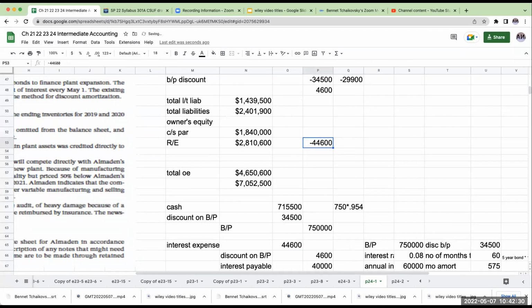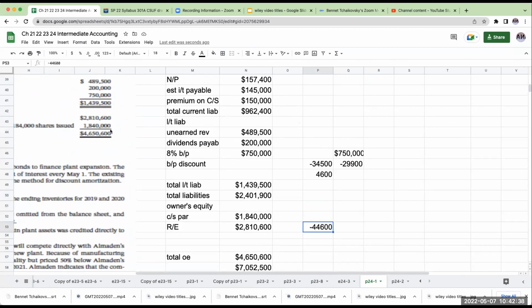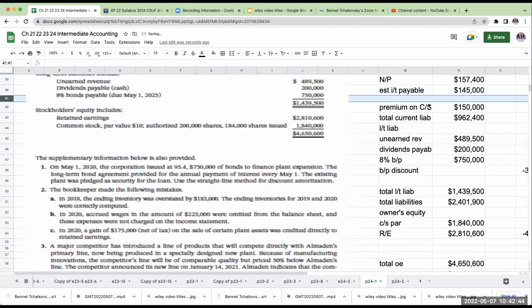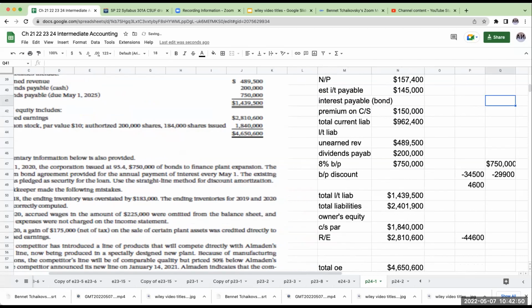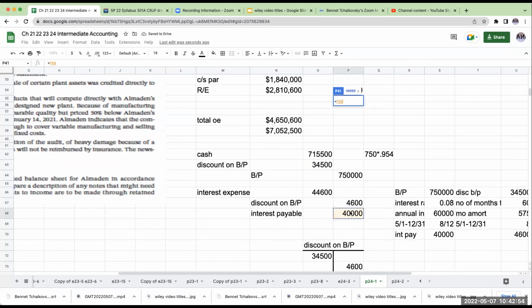That's going to impact my retained earnings by bringing it down. I'm also going to have, under my current liabilities, interest payable for the bond, and this is going to be over here at roughly $40,000.